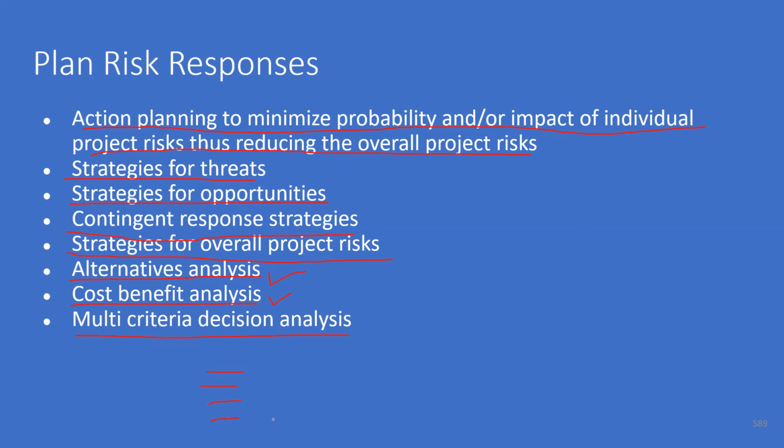For the same risk, maybe we can manage in different ways. And each way will have an associated cost, timing, efficiency, etc. So we can evaluate these multiple strategies based on multiple criteria and then pick the best. So that is the application of multi-criteria decision analysis in risk management.